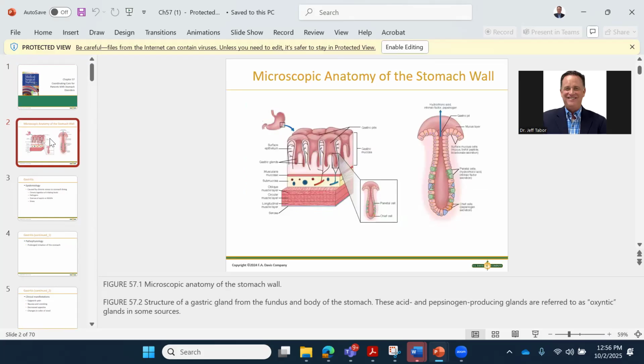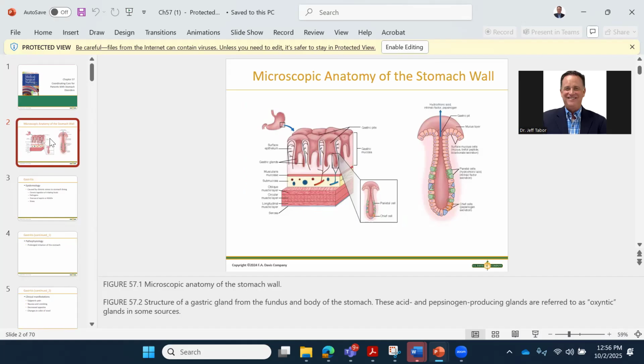So if you get into chapter 57, you'll notice that some of this is just anatomy and physiology. So as always, make sure to review your anatomy and physiology as it relates to any topic that we discuss.